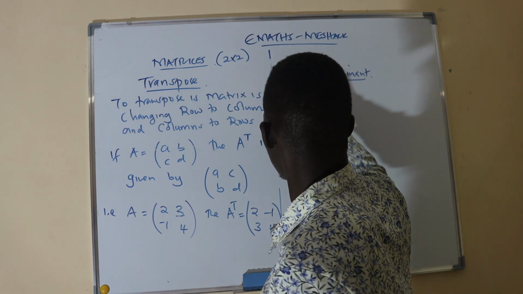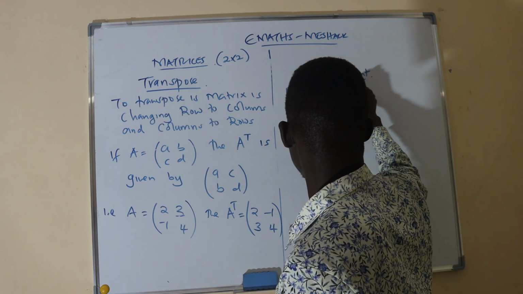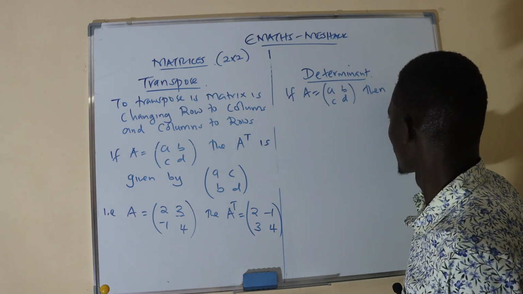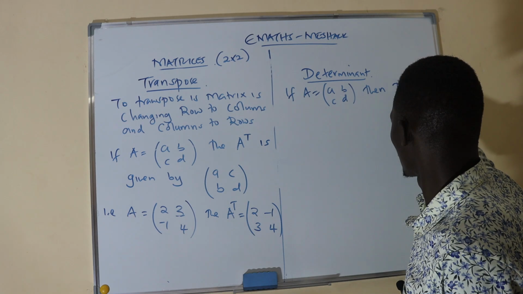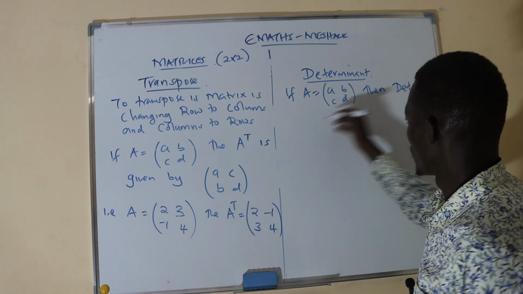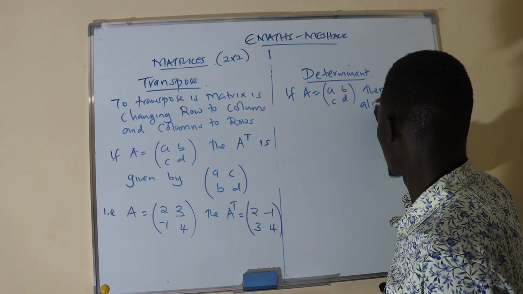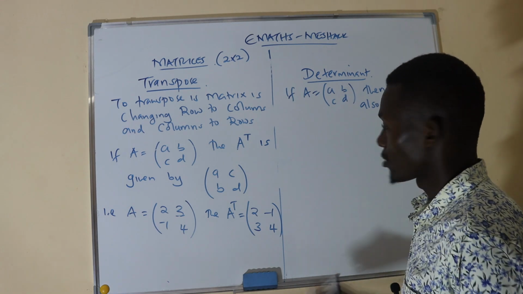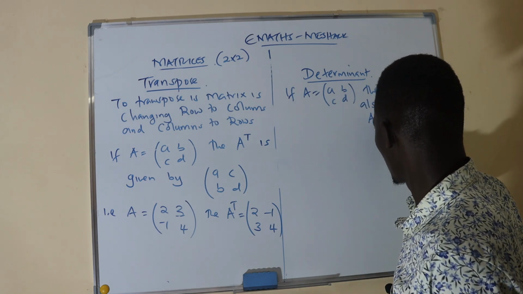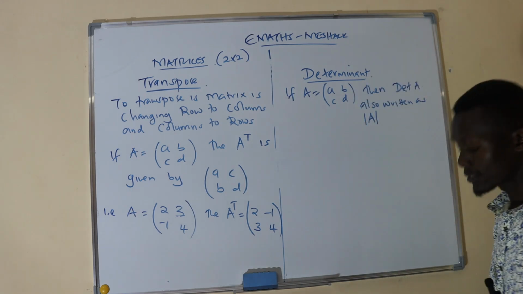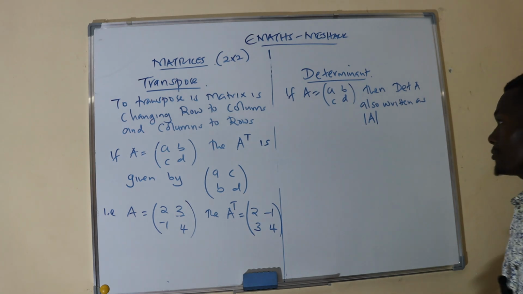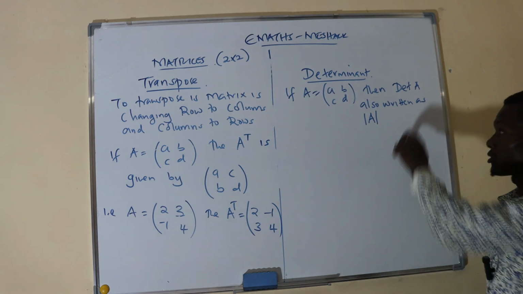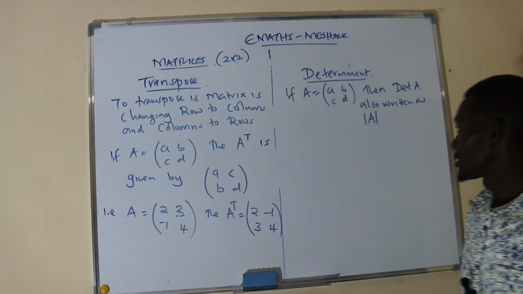If A is given by a, b, c, d, then det of A, also called the determinant of A, can be written as A with straight lines, the absolute value bars, or it can be written as det of A.